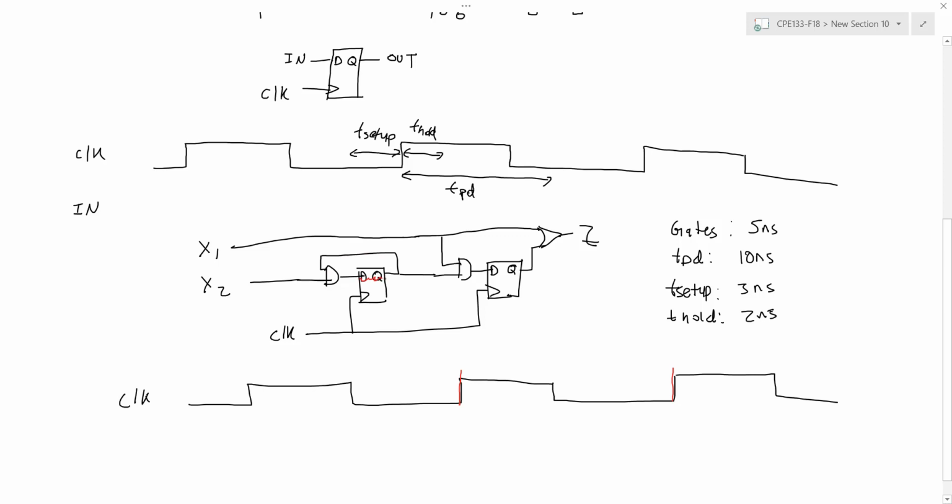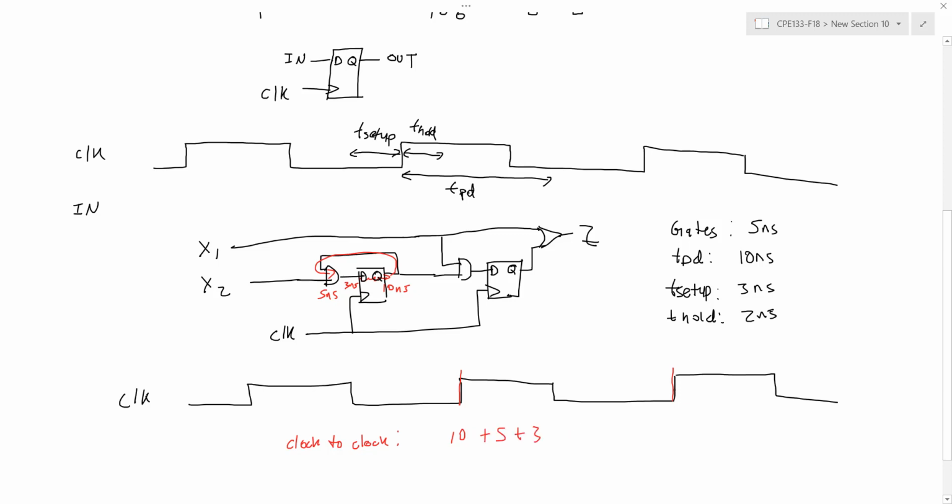I have to propagate through the flip-flop. That's 10 nanoseconds. Then I have an AND gate, which is 5 nanoseconds. And then I also have to have this signal be stable some amount of time before the clock edge. In this case, the setup time was 3 nanoseconds. So that delay from clock to clock is going to be 10 plus 5 plus 3.